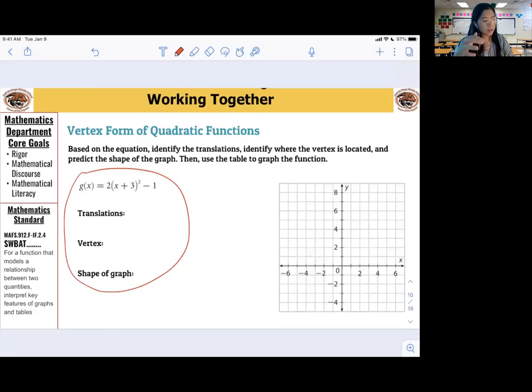All right, there's about 10 seconds remaining, but you can send me your answers in the chat. Whatever you have, go ahead and send it over. Wait, what do we answer? All those 3 questions right there. So what are the translations? Where is the vertex? And what's the shape of the graph? Just the same way that we've been doing it in the last few examples. Send it over in the chat first, and then we'll talk about it together.